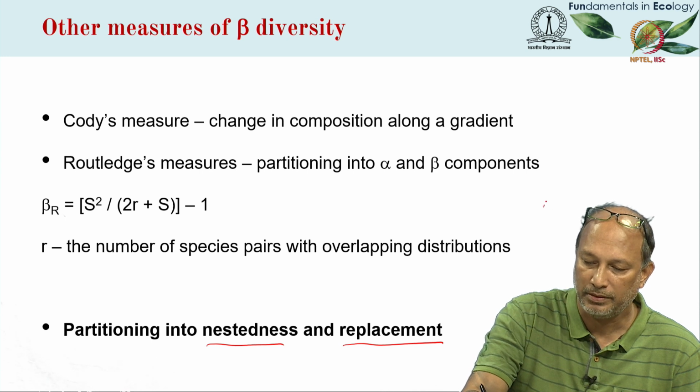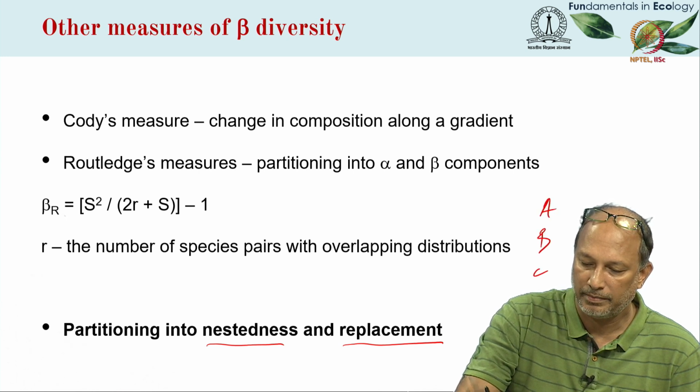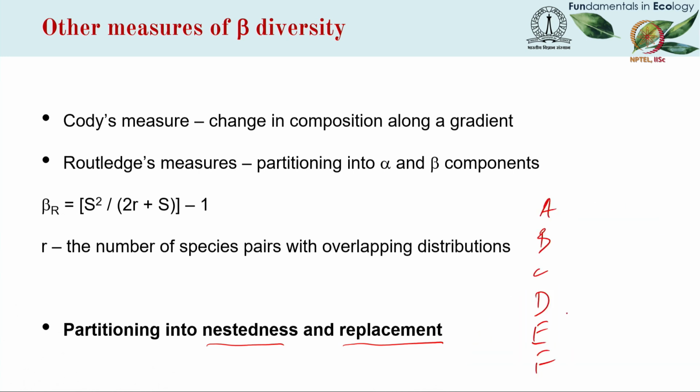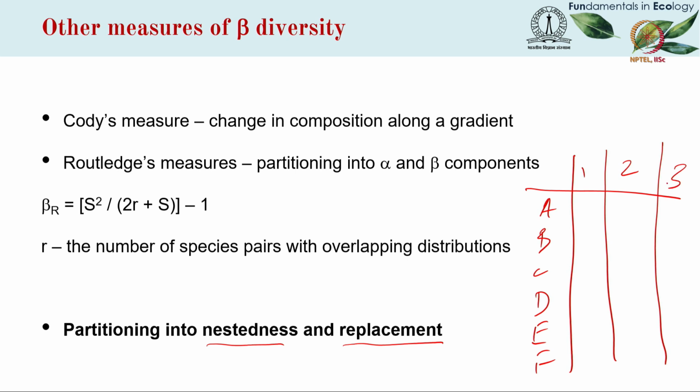So, for example, if I have 5 species and I have 3 areas, 1, 2 and 3.